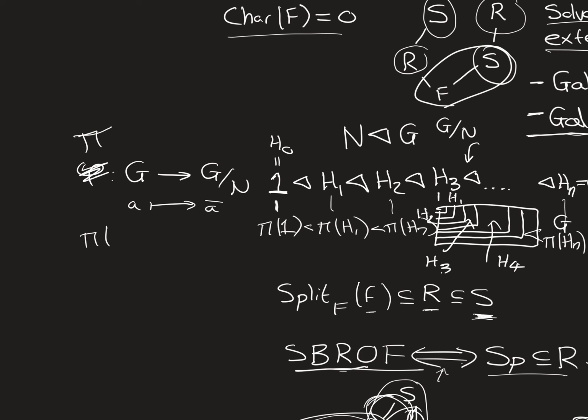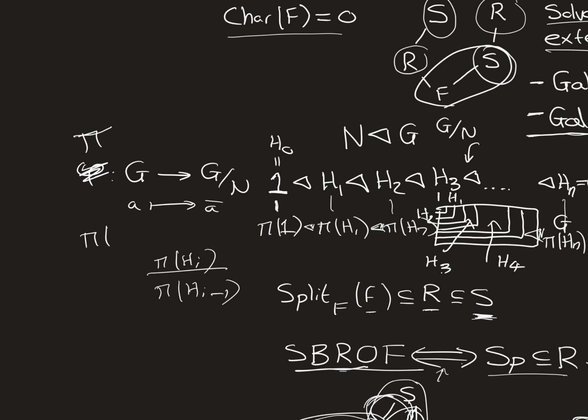What you then need to do is argue why all of these subgroups are still going to be normal in one another. So you'd have to think through why they're all still going to be normal. And then you'd also have to think through what happens when you quotient one out by the other. If you take pi of Hi quotiented out by pi of H_{i-1}, why is this going to be abelian?